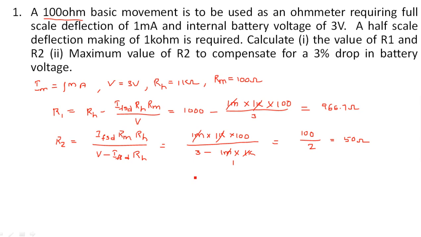Now, what is the second question? Maximum value of R2 to compensate for a 3% drop in the battery voltage. See here. V is given as 3 volts.